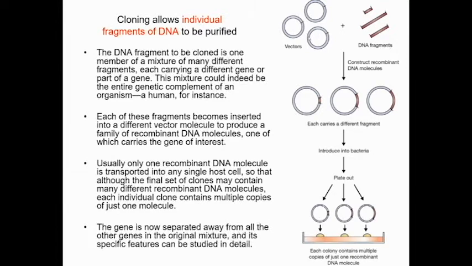By mixing the DNA fragments with the vector, they have equal opportunity to be inserted into the vector, and then they are introduced into bacterial cells. You then have different colonies, each carrying a different piece of DNA, and we call this a library. Later, when we discuss the genomic library, that is how you produce it.